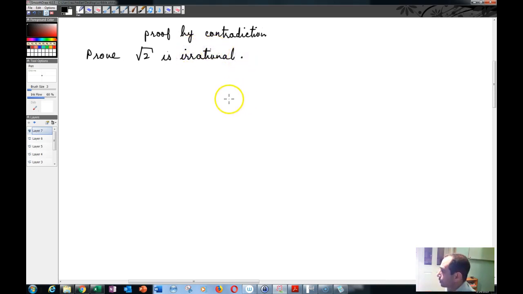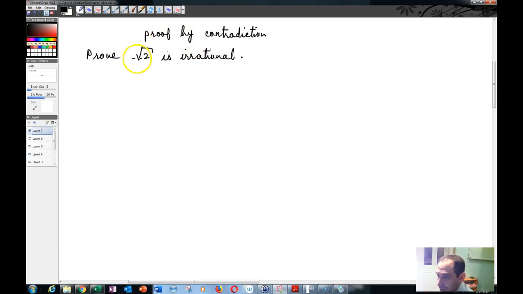Okay, so now if you want to use proof by contradiction, almost all the time as far as I know, you have to assume the negation of this statement.